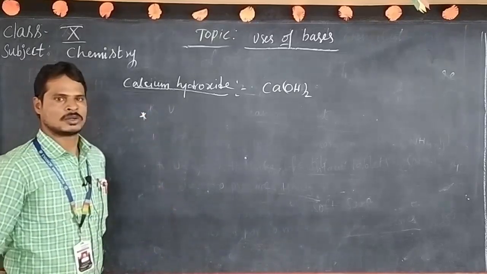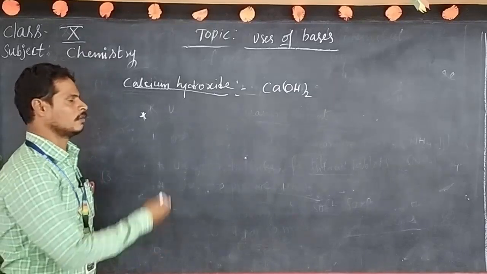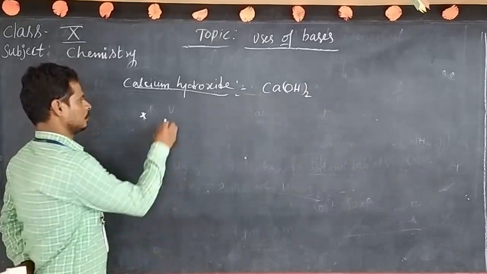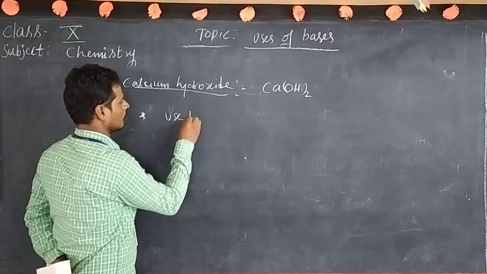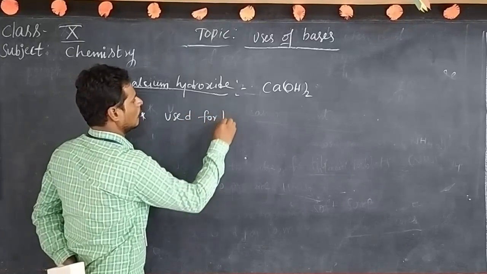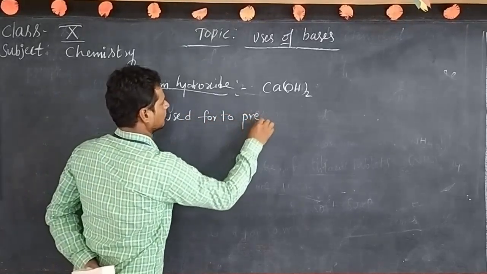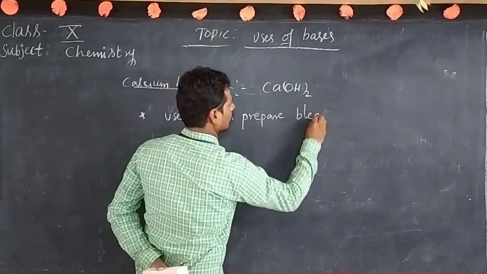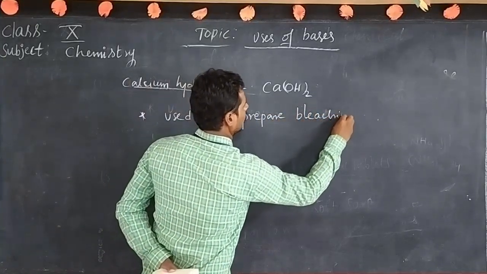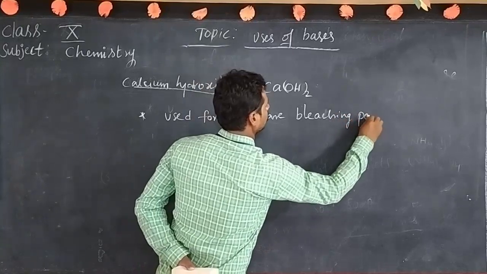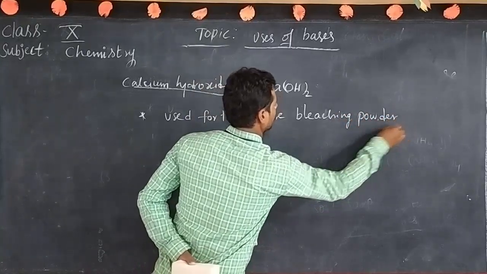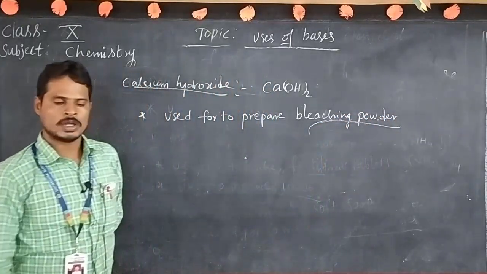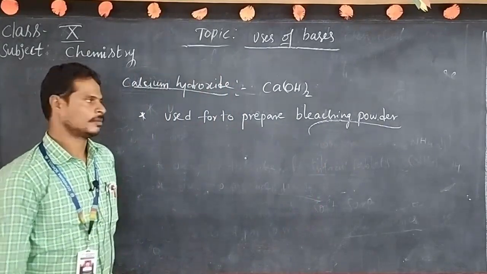First one is to use it for the preparation of bleaching powder. What is the formula of bleaching powder?